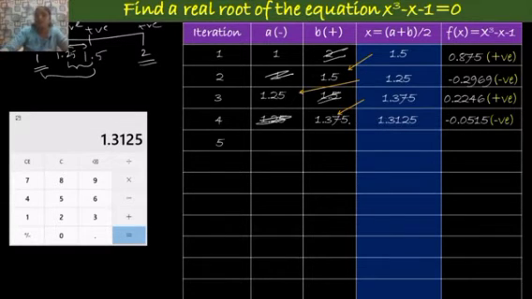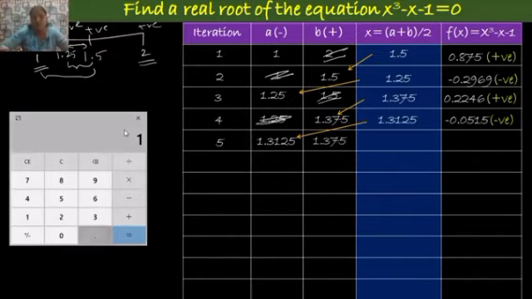So at the fifth iteration, we have the value of A as 1.3125 and the value of B as 1.375. Adding these two values together, 1.3125 plus 1.375, and dividing by 2, you get 1.34375.